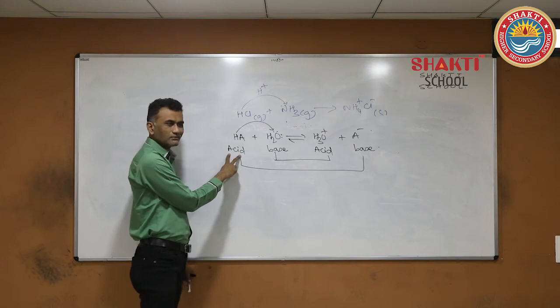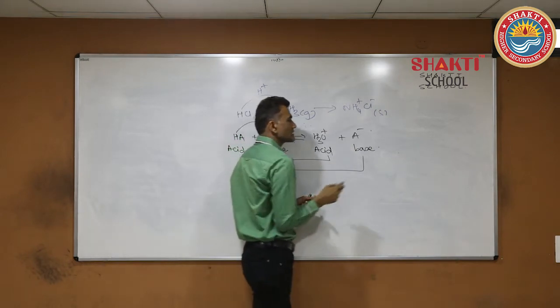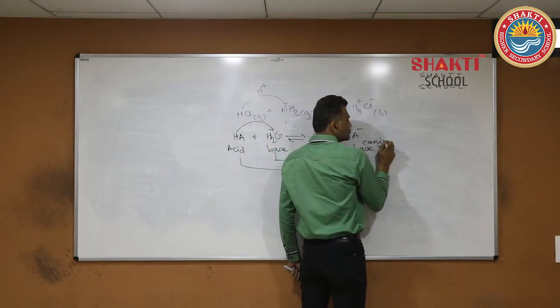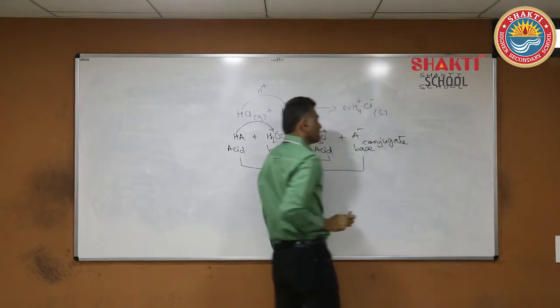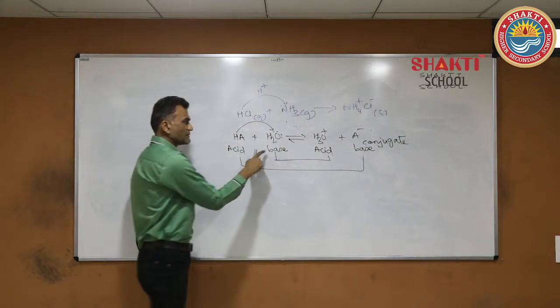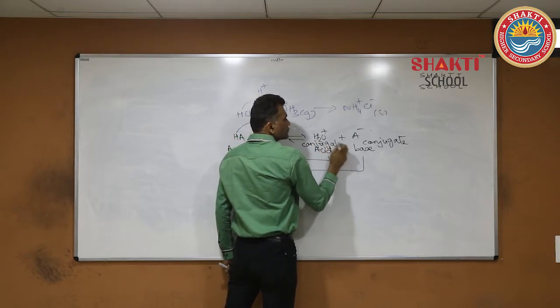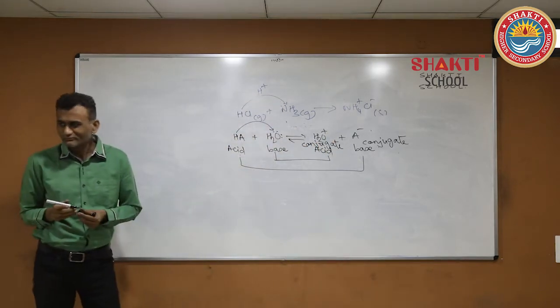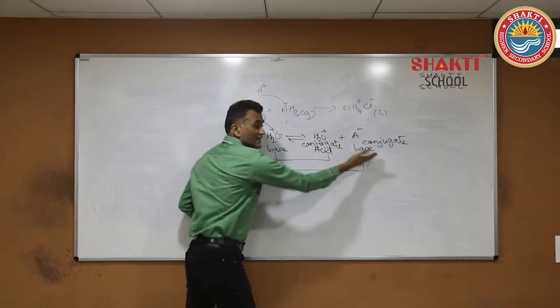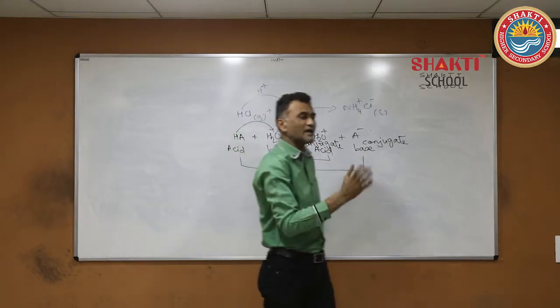This is an acid and this is its conjugate base. And this is a base and this is its conjugate acid. Both are conjugate acid-base pairs of each other.